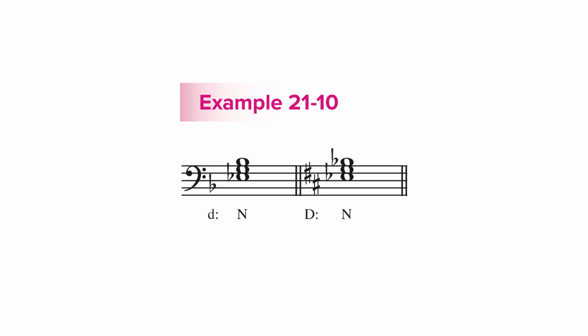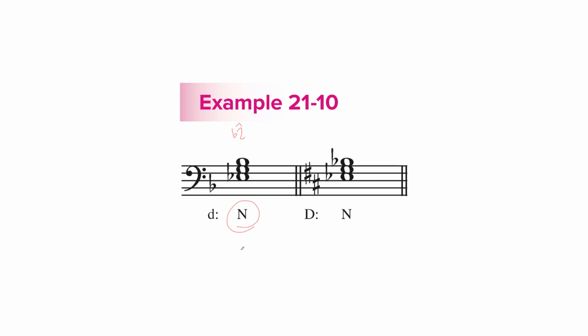The Neapolitan chord is the same both in major and minor mode. It is a major chord, as I said, built on the lowered second scale degree, which makes it an E-flat major chord in both D major and D minor. The symbol of the chord is an N for the Neapolitan.